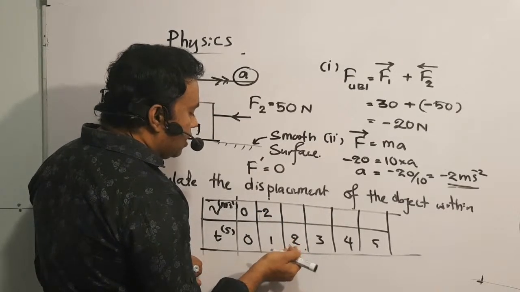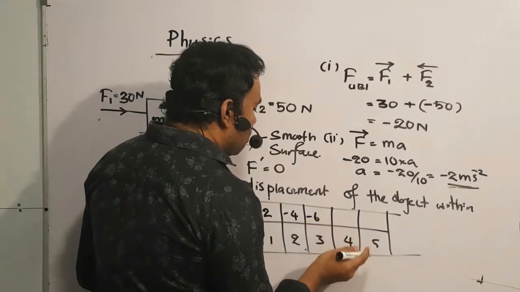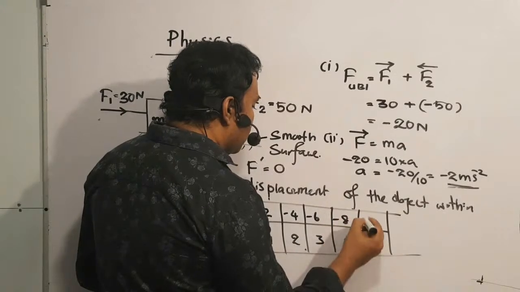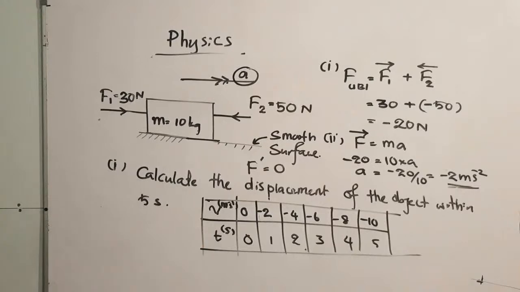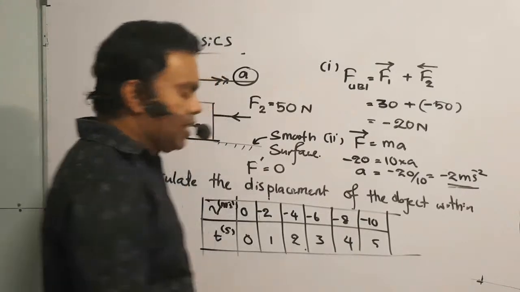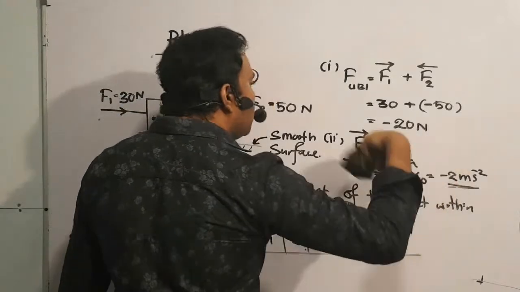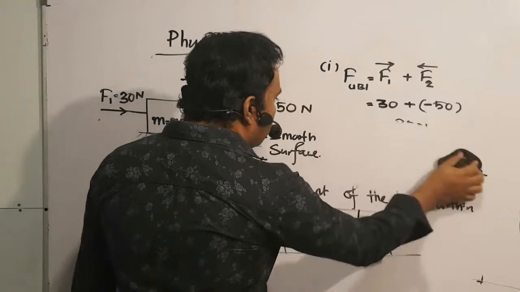The second, that's minus 4. Third second, minus 6. Fourth second, minus 8. At the fifth second, minus 10. So now there's a table; we can tabulate this data. Now we are going to plot this graph. So how to plot?